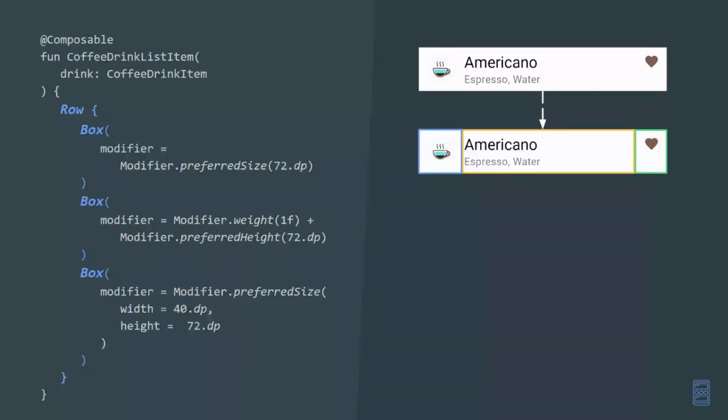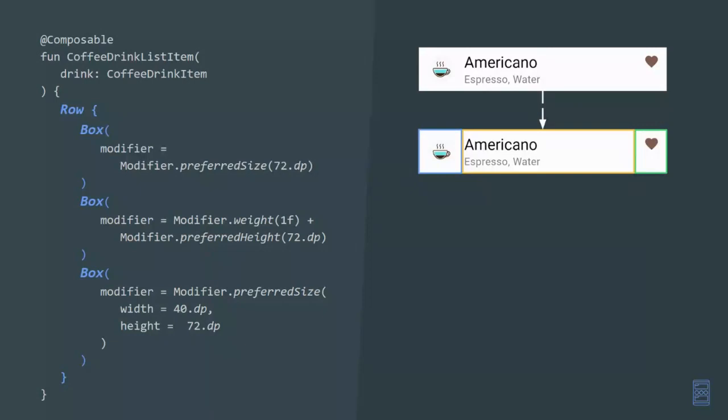The first component is an icon, and it can be 72 by 72 dp. The next component should use all available space between our icon and the favorite composable function. For it, as in linear layout, we can also use weight and place it between 2 different boxes.